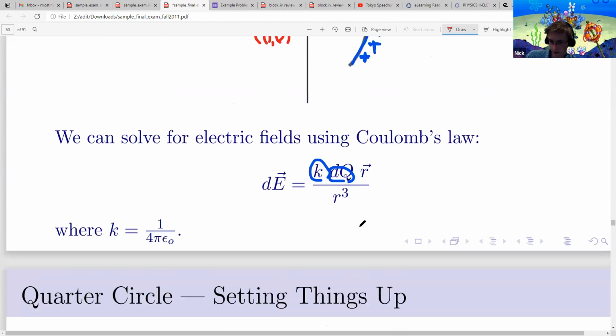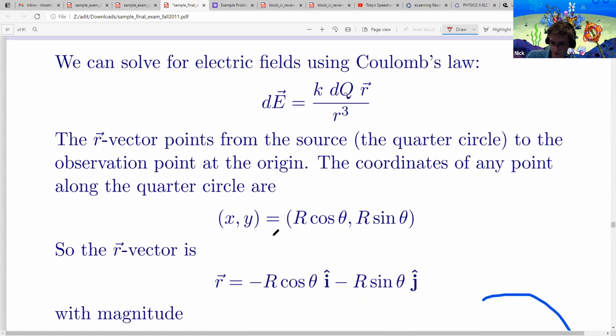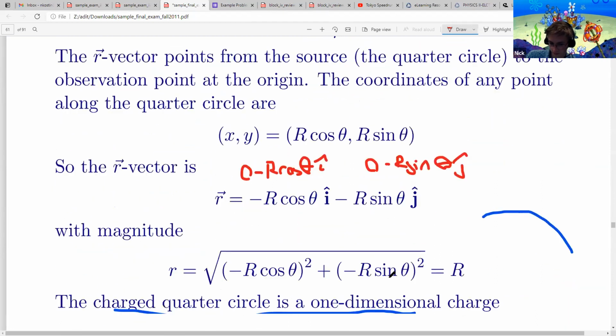Then the r vector, because it's pointing from the source to the observation point, we take the origin's coordinates and subtract the corresponding xy. So I'm going to have 0 minus r cosine theta for my i hat component, and then 0 minus r sine theta for my j hat component, which just leaves me with negative r cosine theta i hat minus r sine theta j hat.